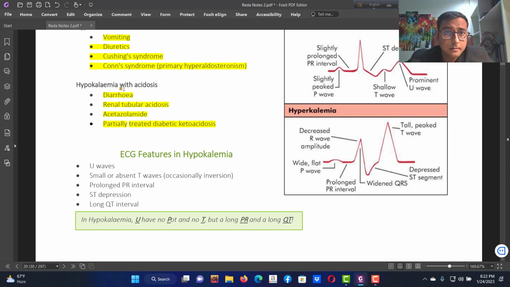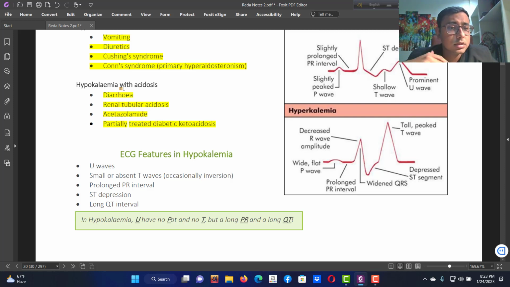We know which organs are very important for secretion of potassium in our body: first is the salivary gland, and the second one is the rectum. So if you vomit more, you will lose more potassium. If you have more diarrhea, then the potassium level will be low.